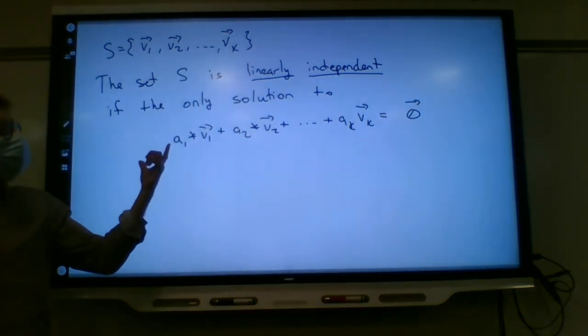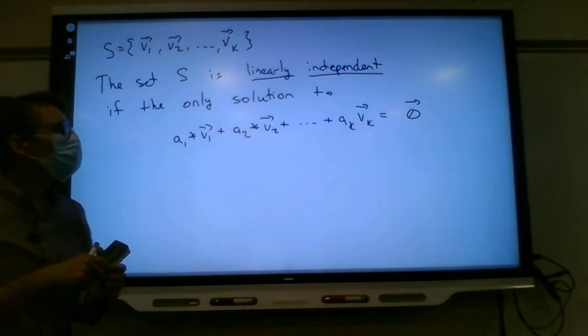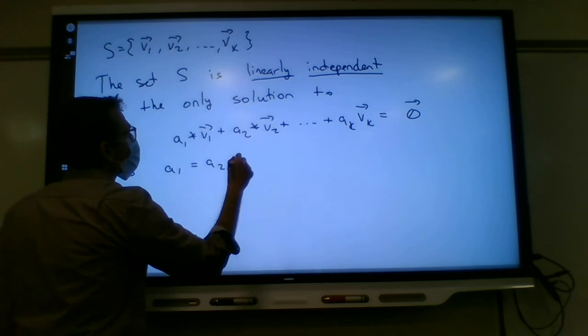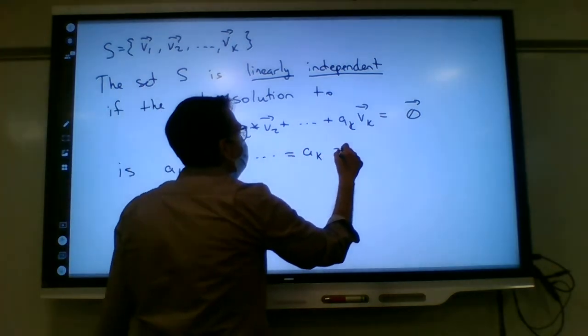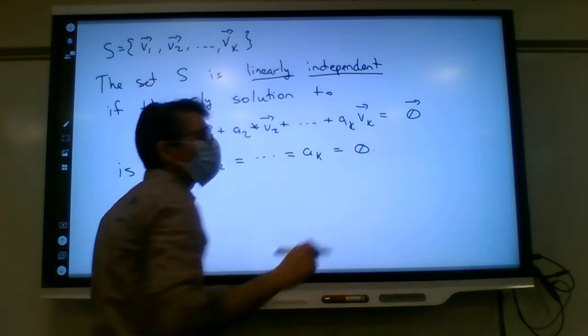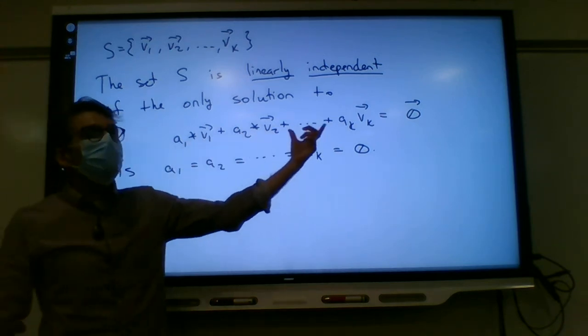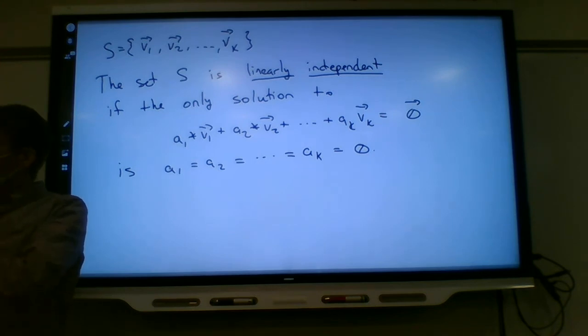if the only solution to this equation is that all of the values, all of the coordinates, are 0. What this means is there's no way to write one of these in terms of the others.